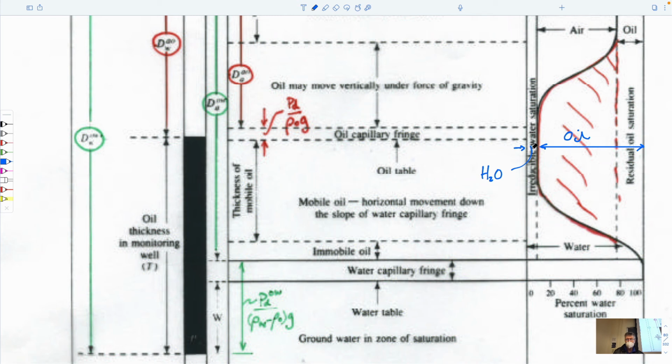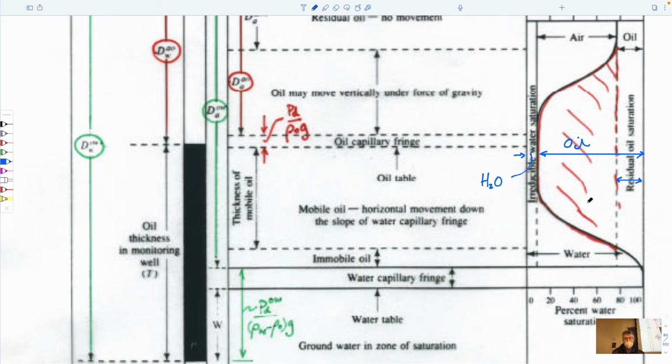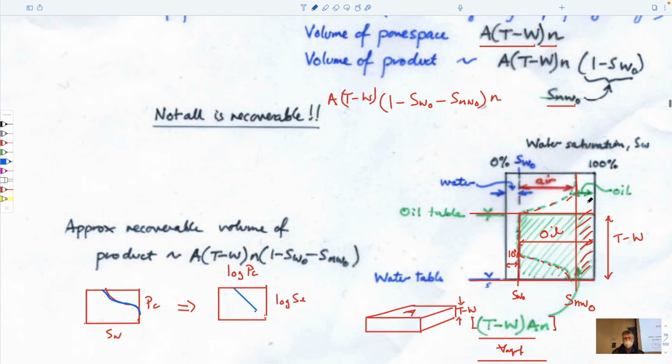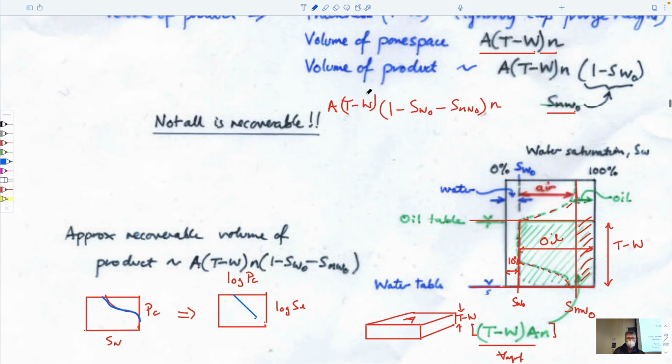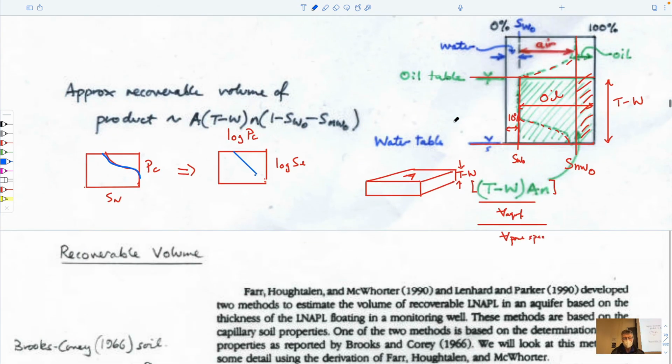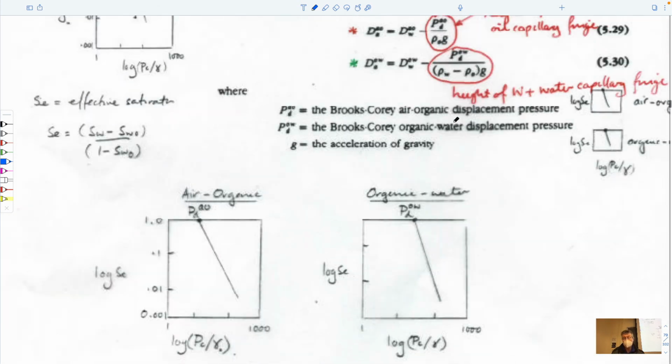This is water, which you can't remove, and the irreducible saturation of oil that you won't be able to recover from it is also given by this amount on the left-hand side. Identical to what we drew here, and the same rationale. And a much simpler, straightforward and usable expression to be able to evaluate those.